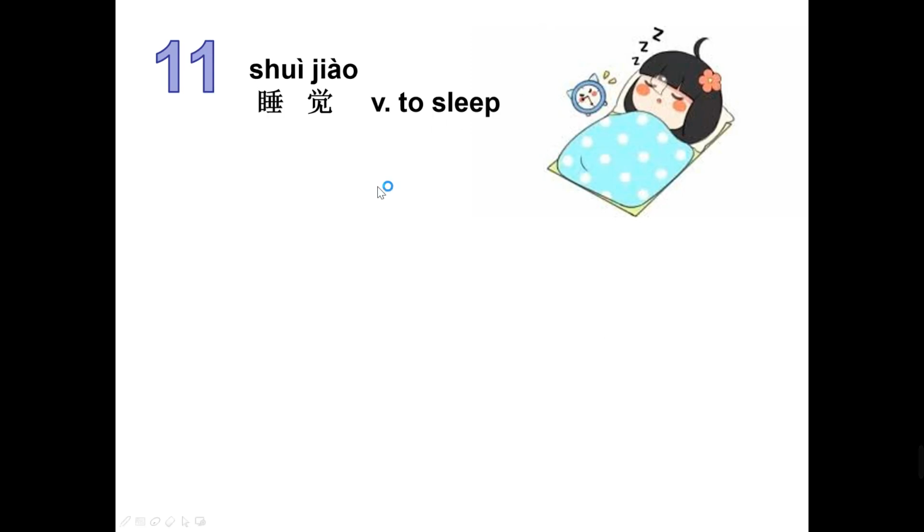To sleep in Chinese is 睡觉。All the fourth tones 睡觉。So I'd like to sleep. How to translate for this sentence? Please think a while.